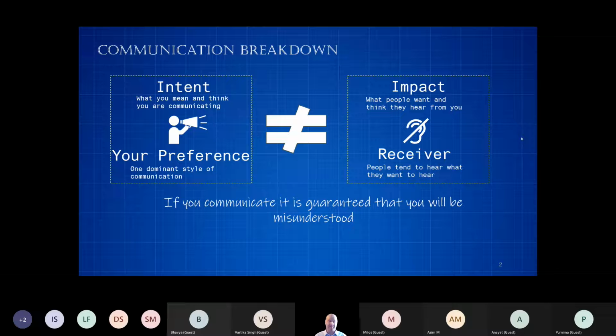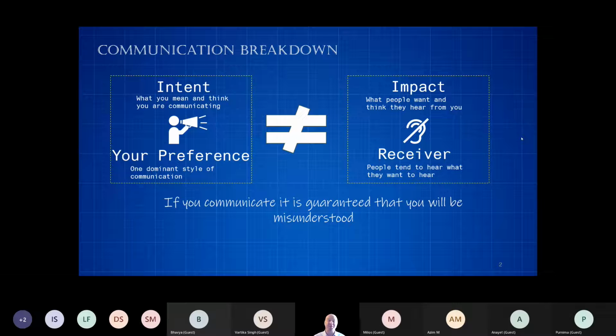And friction impedes performance. So the greater the levels of friction generated through misunderstandings or irritation on communication, the lower the level of performance in a team will be. So this very simple equation or fact has a hugely significant impact on the performance of a team.